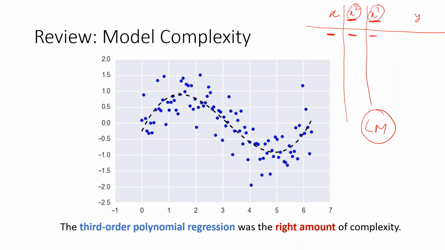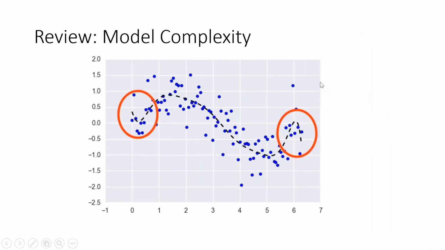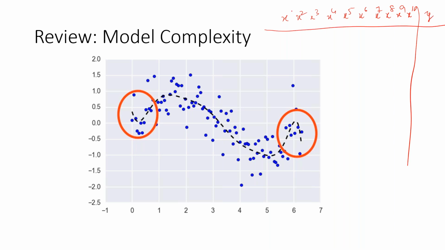But then during the toy project, we also increased the complexity way further. So I put along with my x square, x cube, x to the power of 4, 5, 6, 7, 8, 9, 10, and my y. So I increased the complexity, not by way of the algorithm.